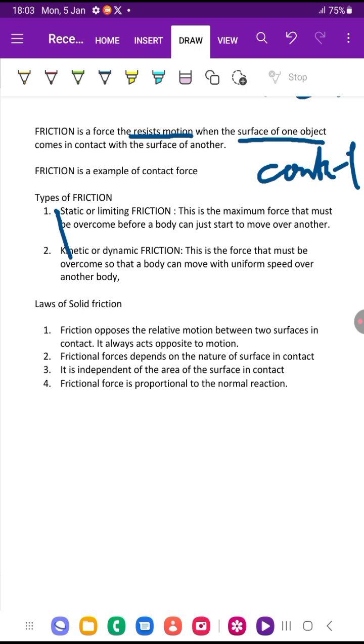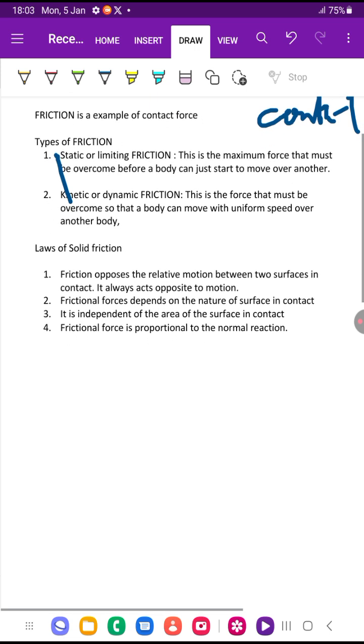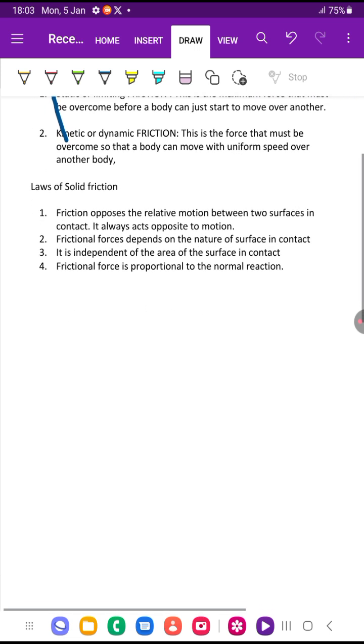Now let's look at the laws of solid friction. The first one is that friction opposes relative motion. That is something that you must know about friction. Friction opposes relative motion between two surfaces in contact, and it always acts opposite to the motion.